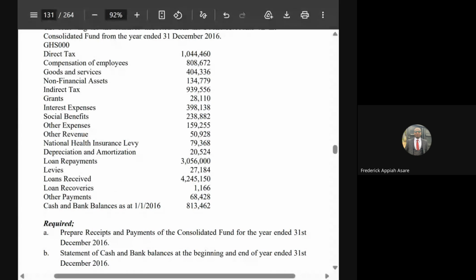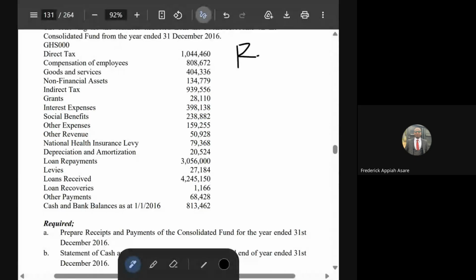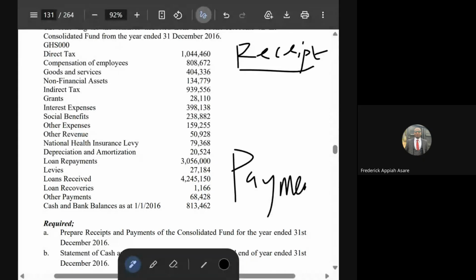Okay, let's take it like this. Can you see my screen? So you have your receipt and you have your payment, like this.